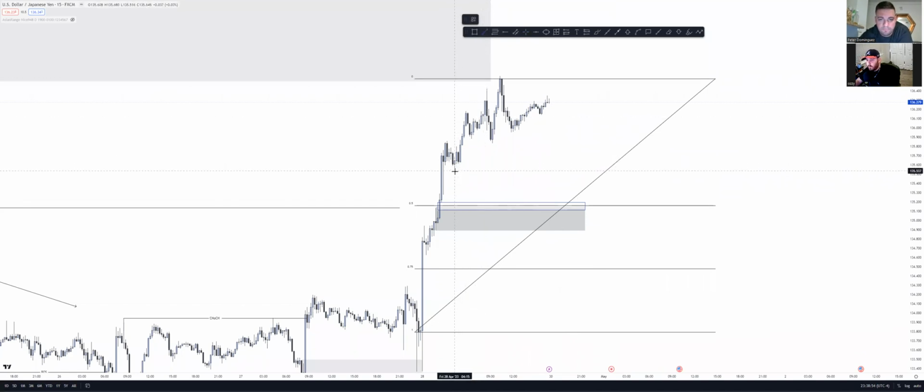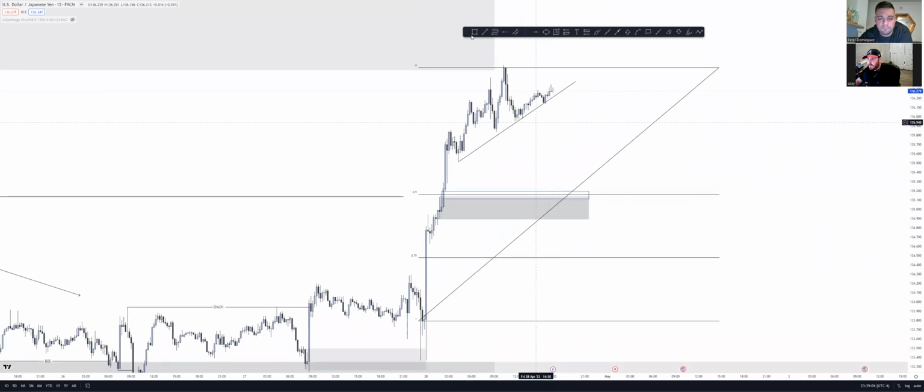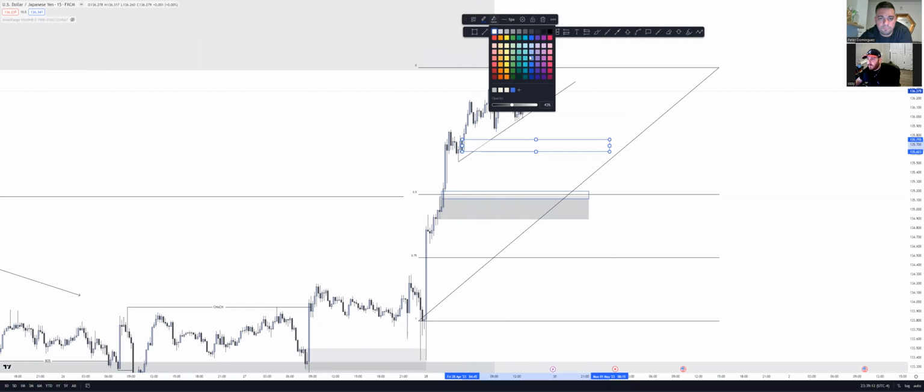For every single move, there has to be liquidity. So even though we're pushing to the upside, all this is going to be used as liquidity. If we have a small retracement, let's say into this area, you're not letting price grab much liquidity. So it needs to grab liquidity on the way down.